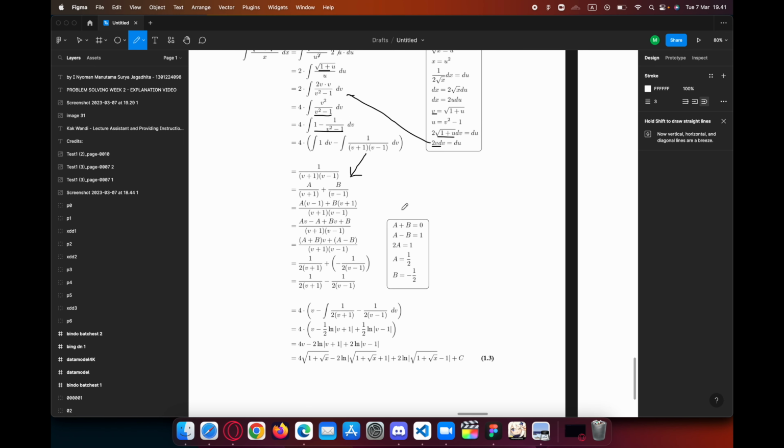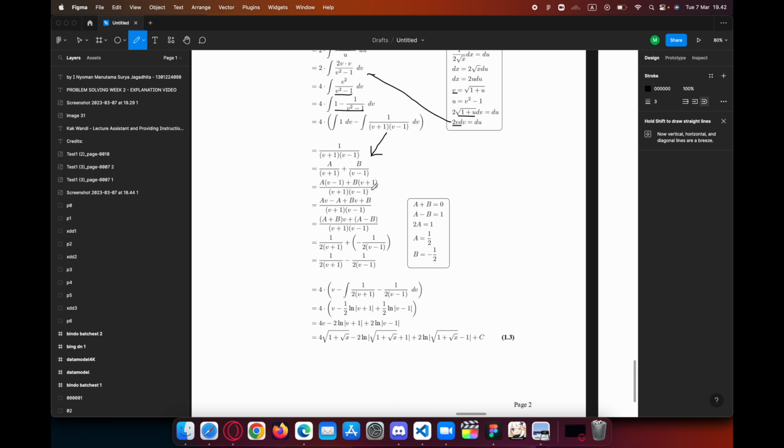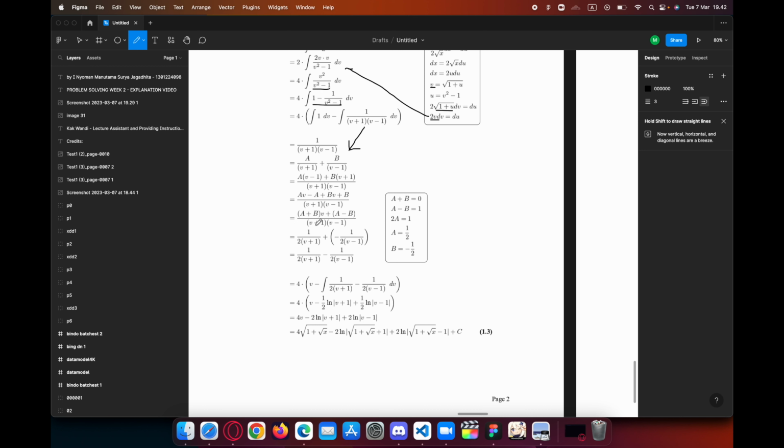For the partial fractions, it is not simple, but we can deal with that. The form becomes a over v plus 1 plus b over v minus 1, and then we add both like this and find it.